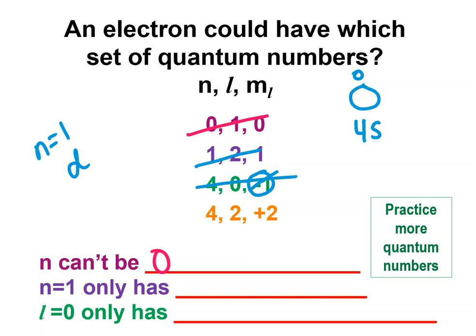So let me go back and fill these in. n equals 1 only has s orbitals. That's how we did that one. And on this one, the magnetic quantum number must be 0.